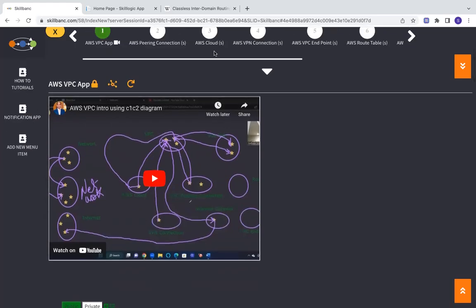So some basics here. This is the video that we have seen before. You can have any number of VPCs in your AWS account, and each VPC will have a bunch of subnets, and in these subnets you will put your database servers, web servers, etc. That's the high level.